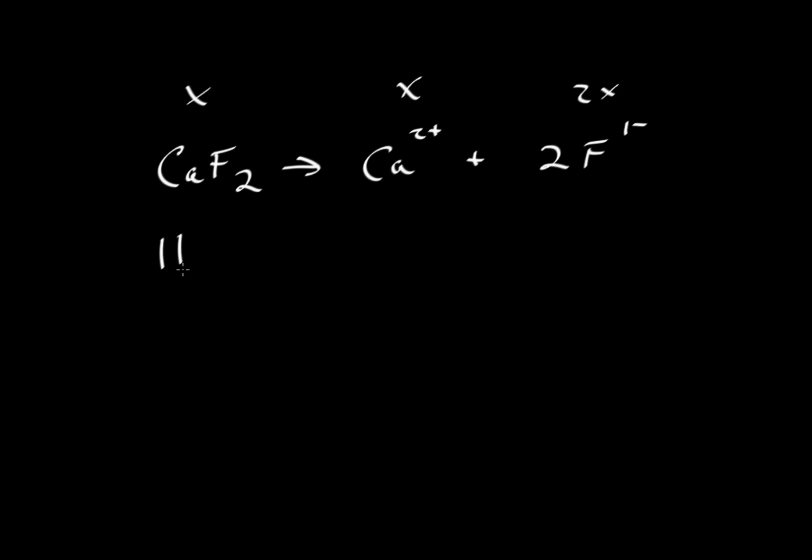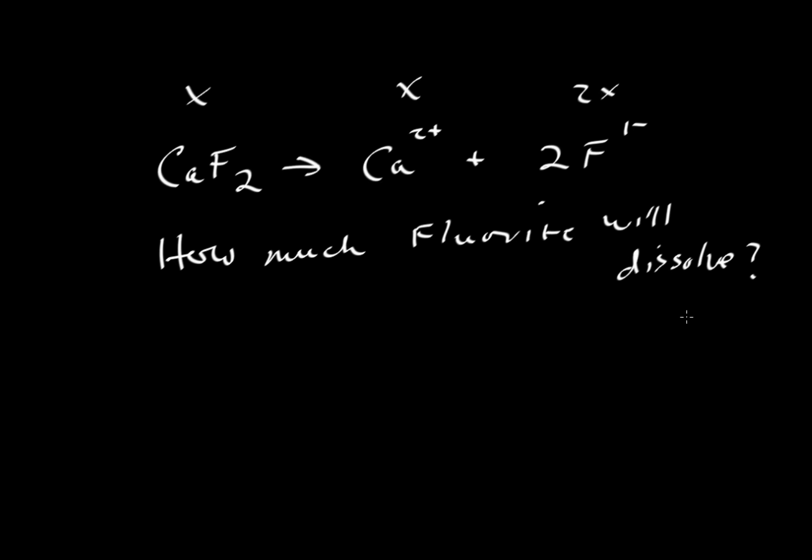So if we want to know how much fluorite will dissolve in our system where we have pure water, we can calculate this as a function of the weight of fluorite that will dissolve by making this calculation.